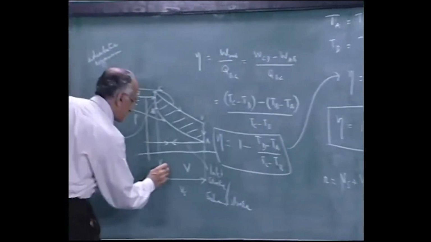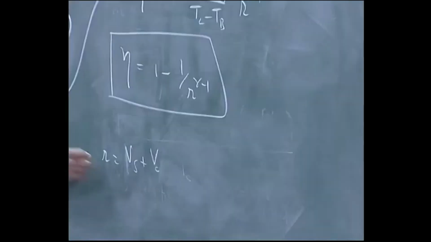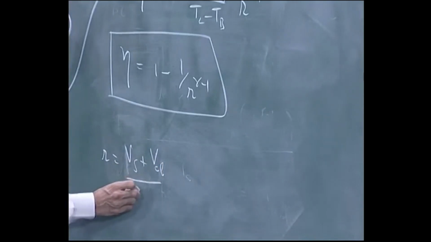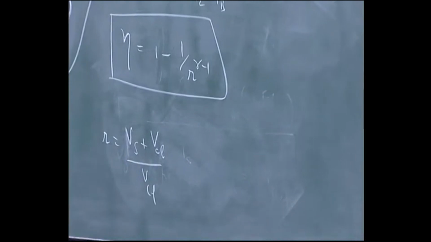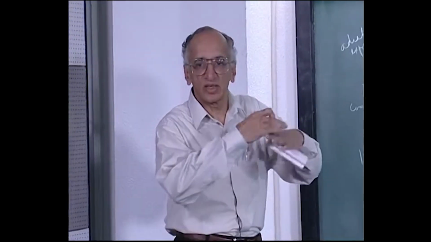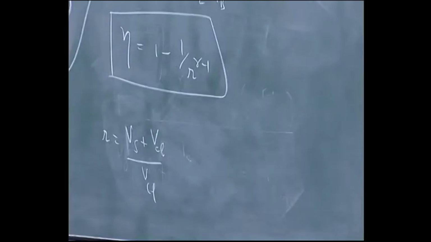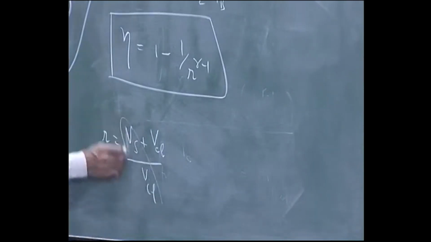If you want, I will call this Vcl to make it clear, because we have another Vc. Clearance volume is the dead volume, if you like, when the piston is at the top. So this ratio is in your control.